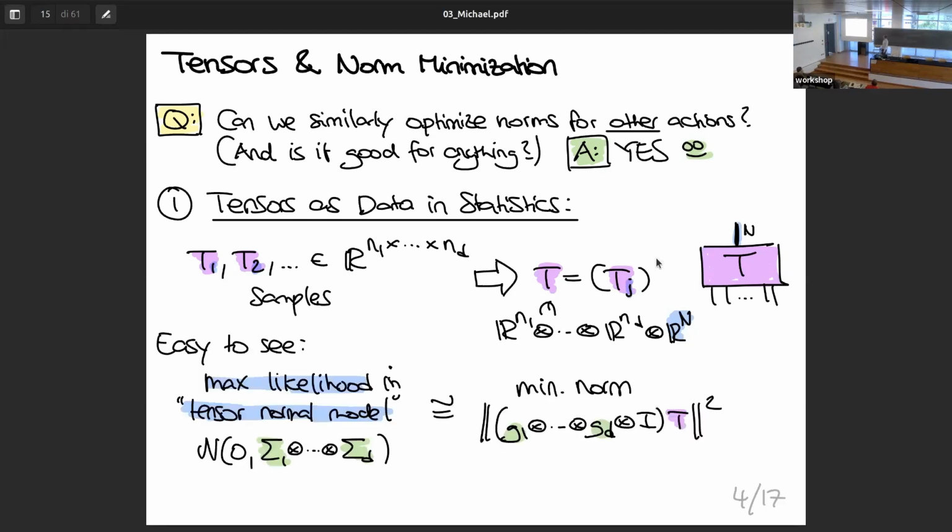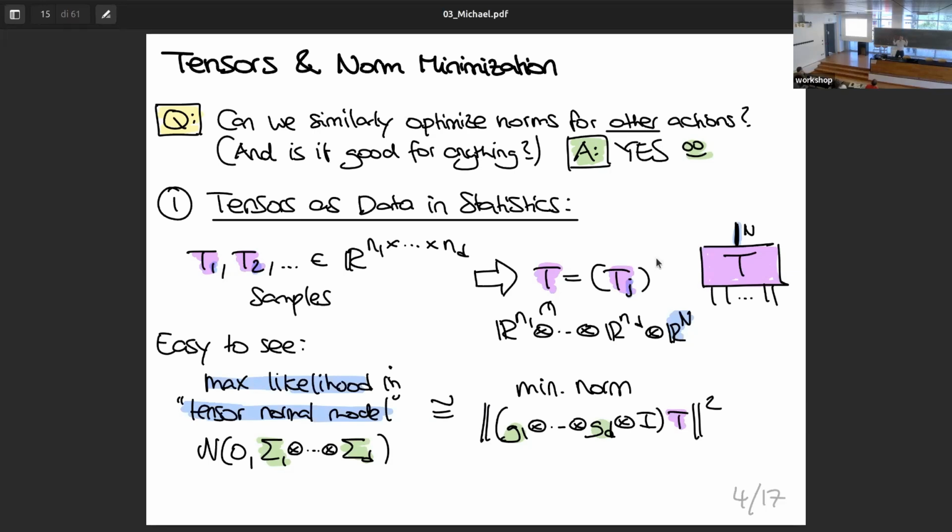Now it's easy to see, but we will not see it, we will not compute it, that if you make the structure assumption that your samples come from what's called, again, the tensor normal model, a centered normal distribution where the covariance matrix itself factorizes, then maximizing the likelihood for that model, which is something you would do, is basically maximizing the probability for fixed samples, but as a function of the sigmas.